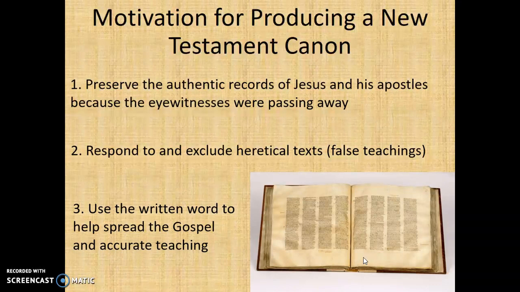The New Testament started being written down and collected near the middle of the 1st century CE or AD. At this point, the apostles of Jesus and other eyewitnesses were beginning to pass away, and so they wanted to make sure that all the remembrances of these disciples were collected and written down. That's one reason they started trying to write down and collect a New Testament canon.